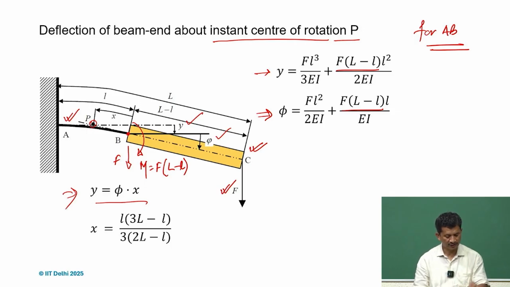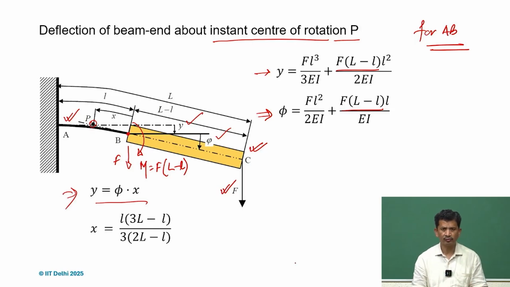If we extend this line BC, we see that it intersects the initial line at P. That's a kind of pivot, the instant center of rotation for this body BC.